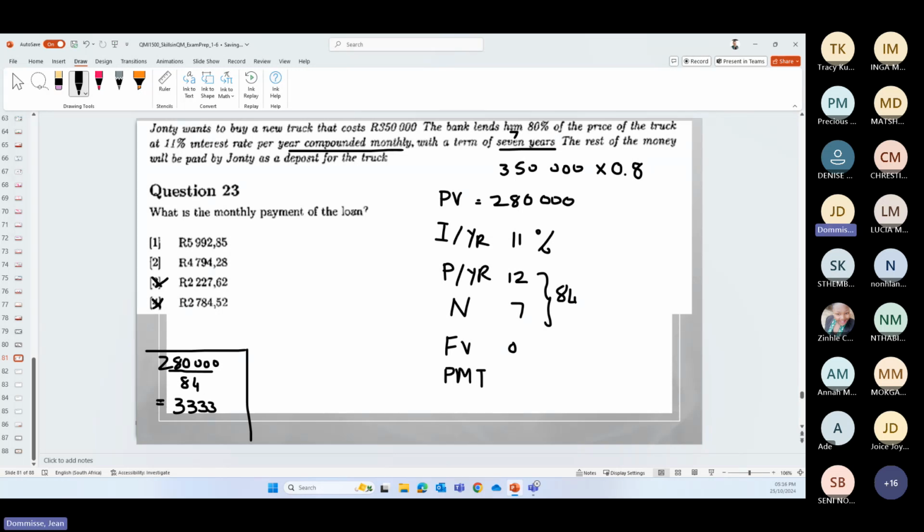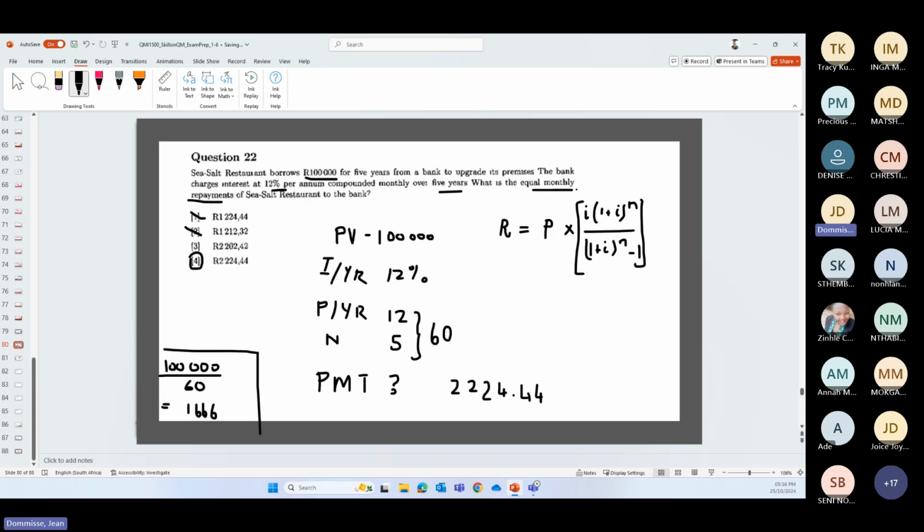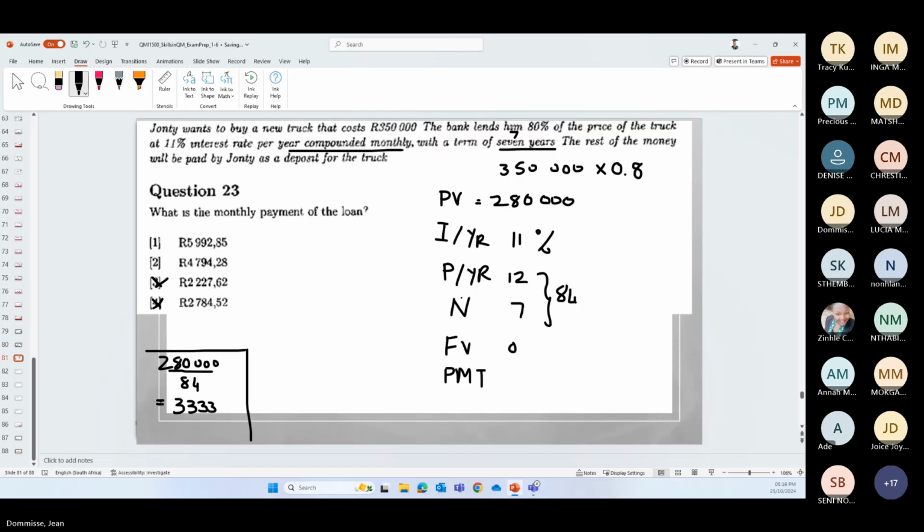We do exactly the same as the previous question, using exactly the same formula. So a present value of minus 280,000, zero future value because your loan is paid off, 11% interest, 12 times a year for 7 years.